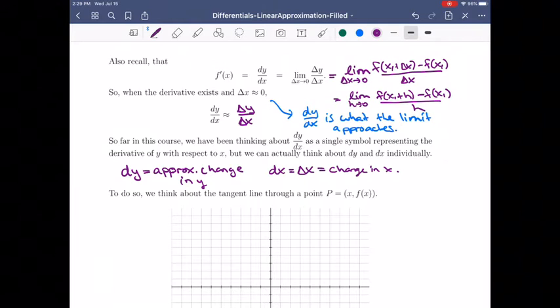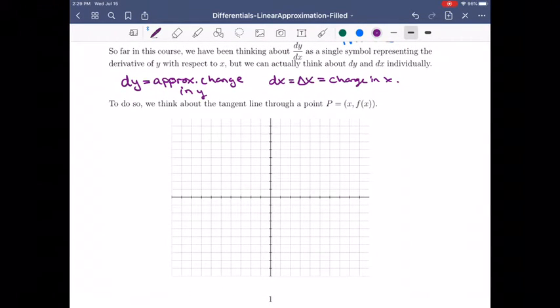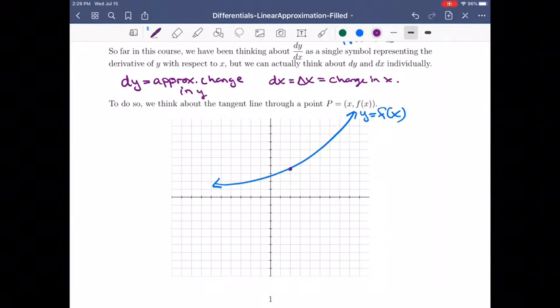Thinking about this as a picture, let's say I have a graph like this. Here's y equals f of x, and then I have some point, let's call it point P. Here's x1, and this is going to be f of x1.